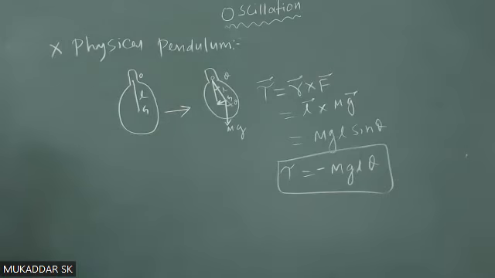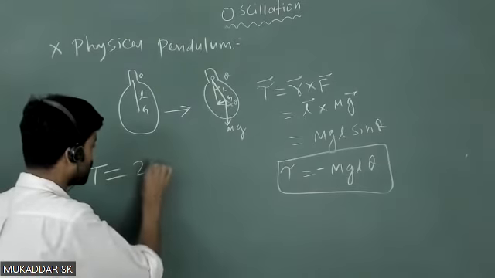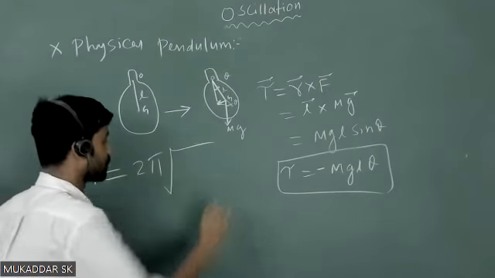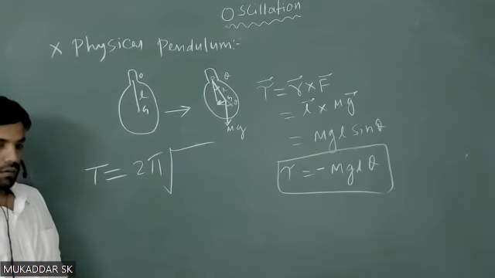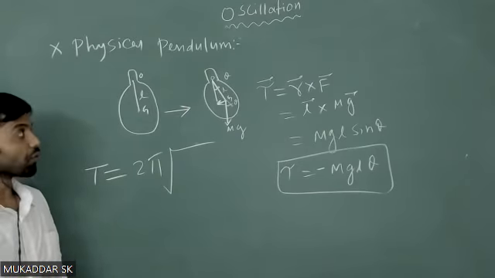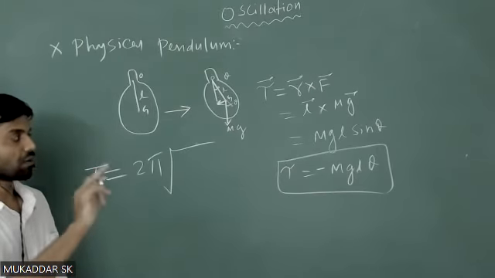Now for rotational motion, you know the time period. How will you write the time period for rotational motion? That is 2 pi square root of what? When you deal with rotation, moment of inertia plays the role same as mass.